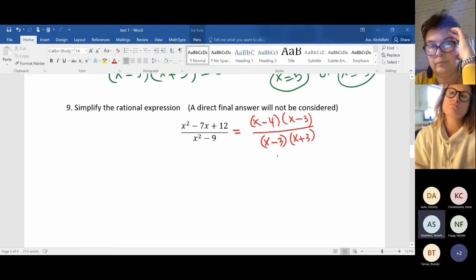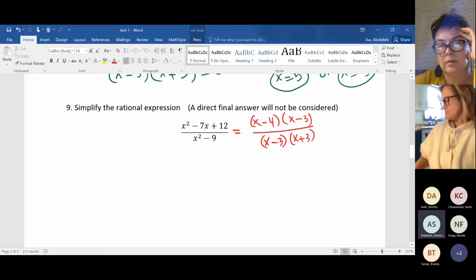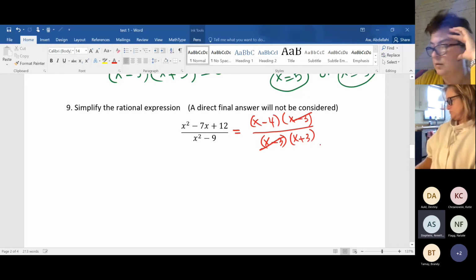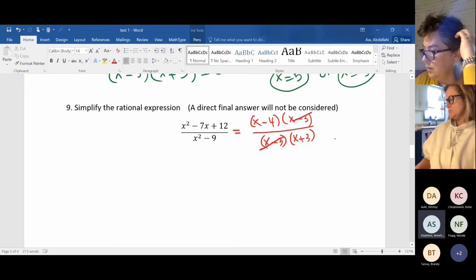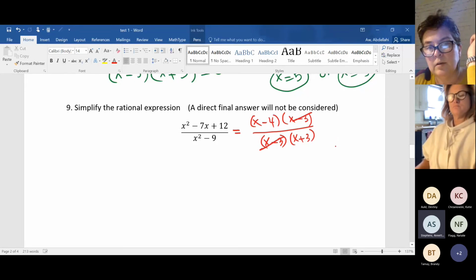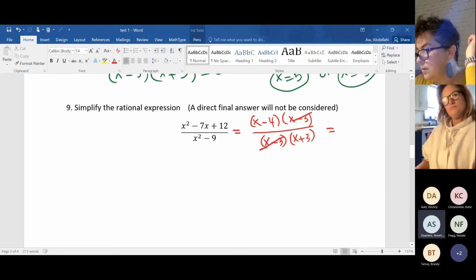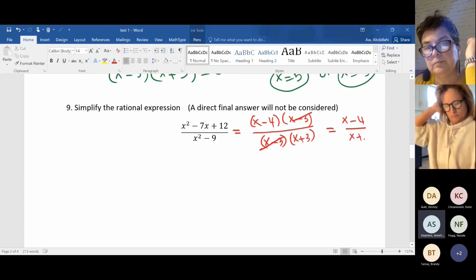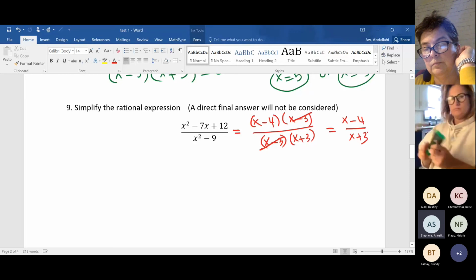And then I look at this, I see I have two similar factors at the top and at the bottom. They cancel out. So I get x minus 4 over x plus 3. All right.